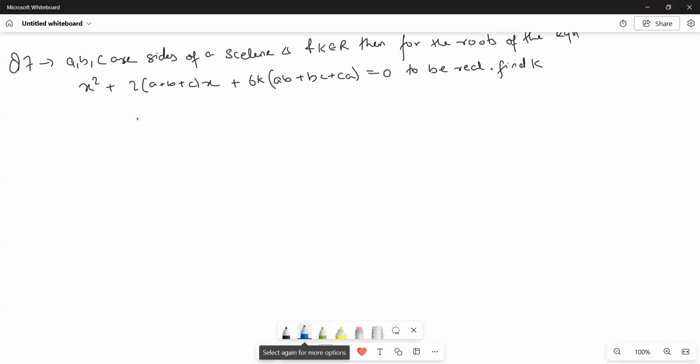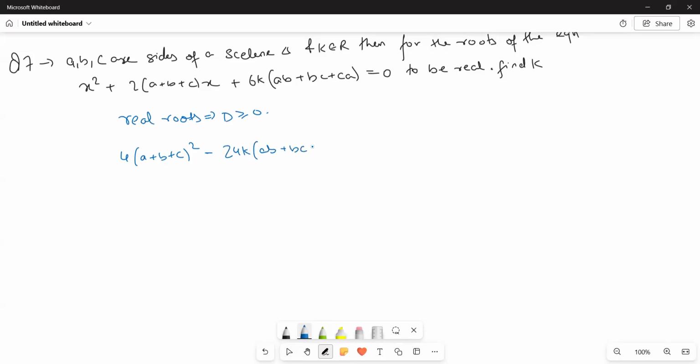Okay. So we solve it in this way for real roots. It will imply we need D to be greater than or equal to 0. So D in this case would be 4(a plus b plus c) whole square minus 24k times (ab plus bc plus ca) is greater than or equal to 0.